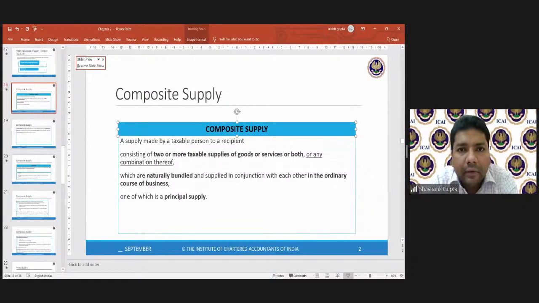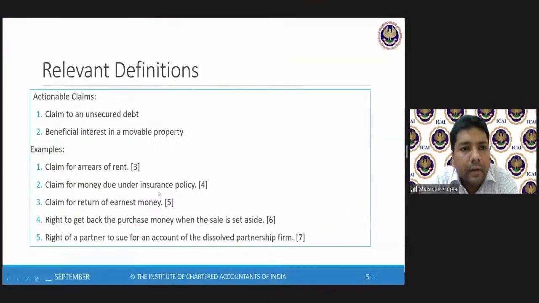Okay, you need to understand. This could either be a claim to an unsecured debt, or it could be beneficial interest in a movable property. All right. So it could be either of that. It need not be that it has to comply with both of them cumulatively.